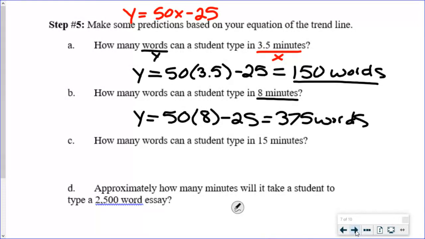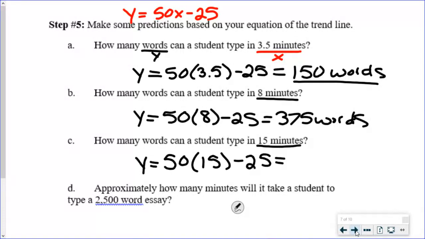How about 15 minutes? Again, we're still given minutes, which is x. So instead of 8, I put 15 in, and I get 725 words.